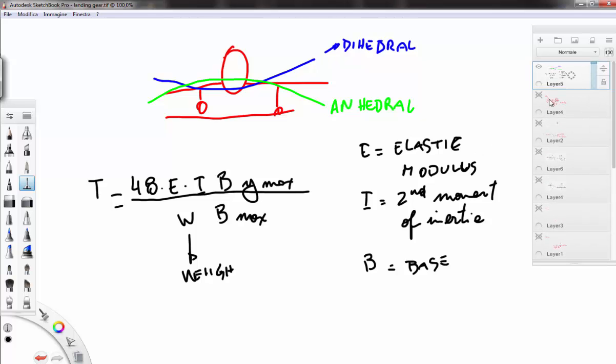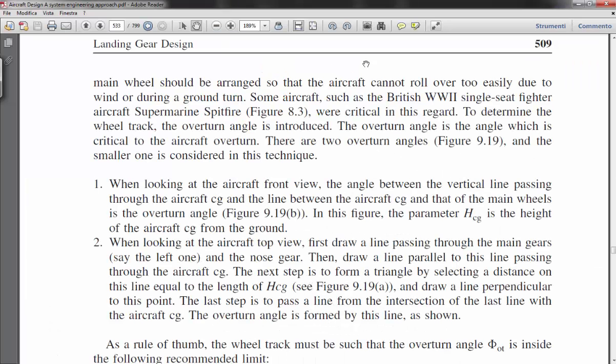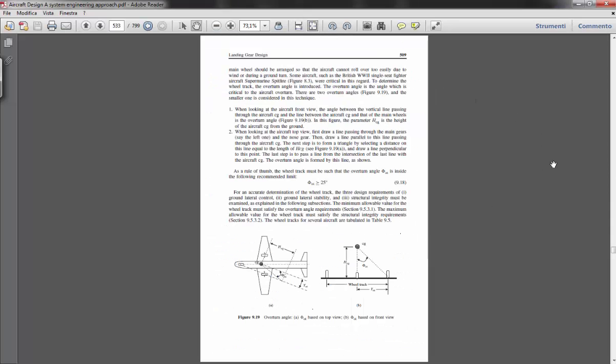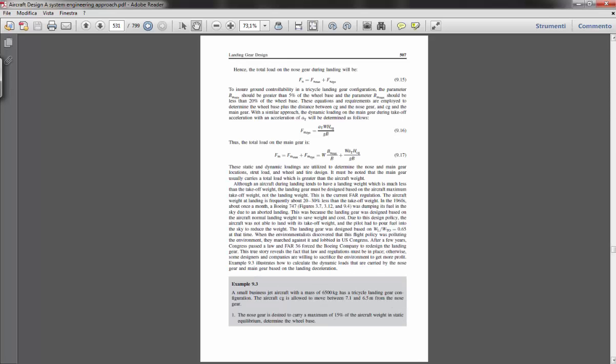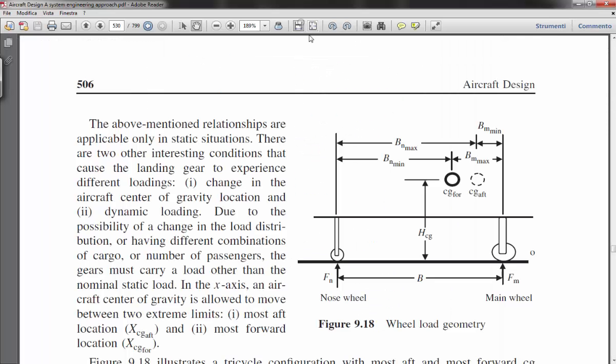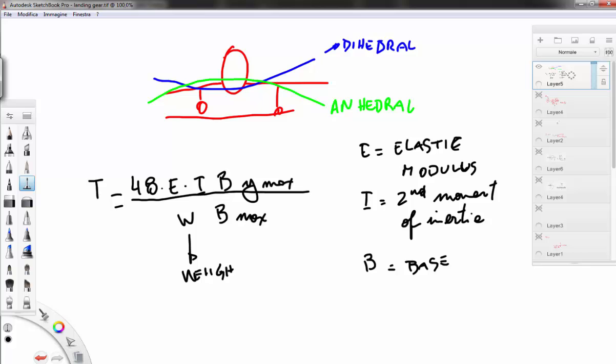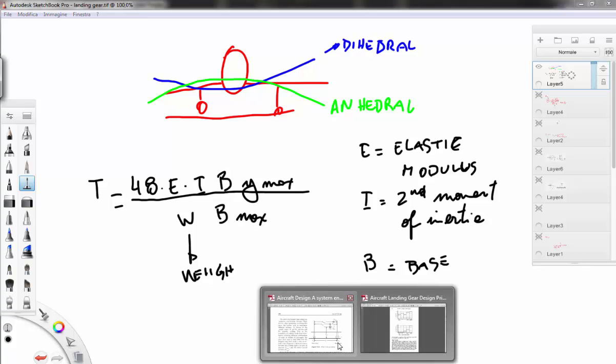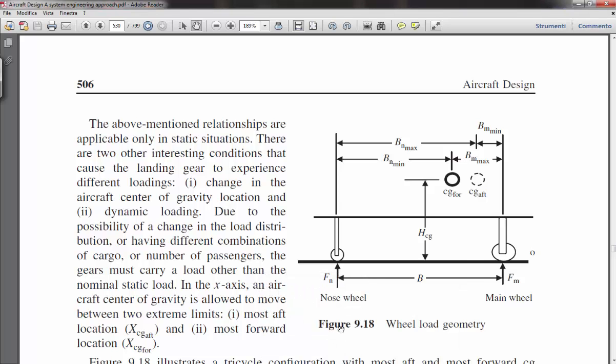Yeah, I deleted it. It is the distance we will choose, and we will see here. Okay. B max is B main max, sorry.